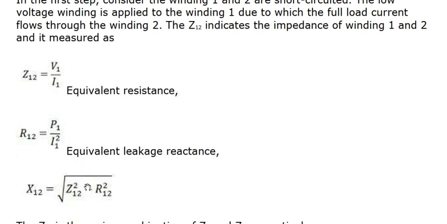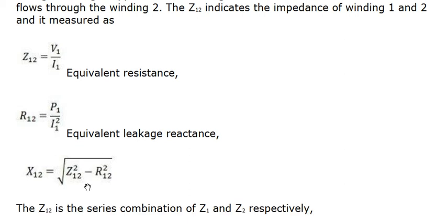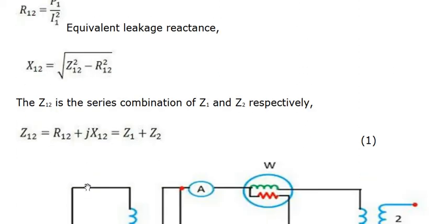Resistance R12 is equal to V1 upon I1 square, X12 is equal to square root of Z12 square minus R12 square. Z12 is the series combination of Z1 and Z2, Z12 is equal to R12 plus jX12 is equal to Z1 plus Z2. That is equation 1.